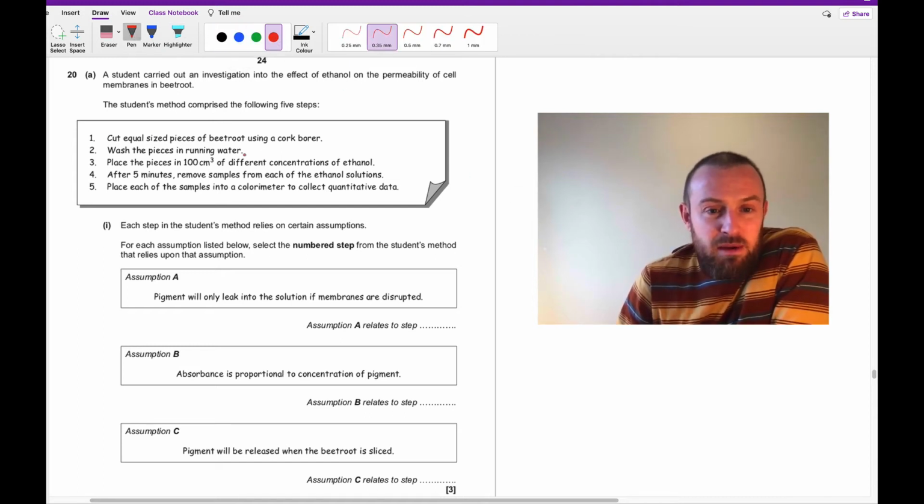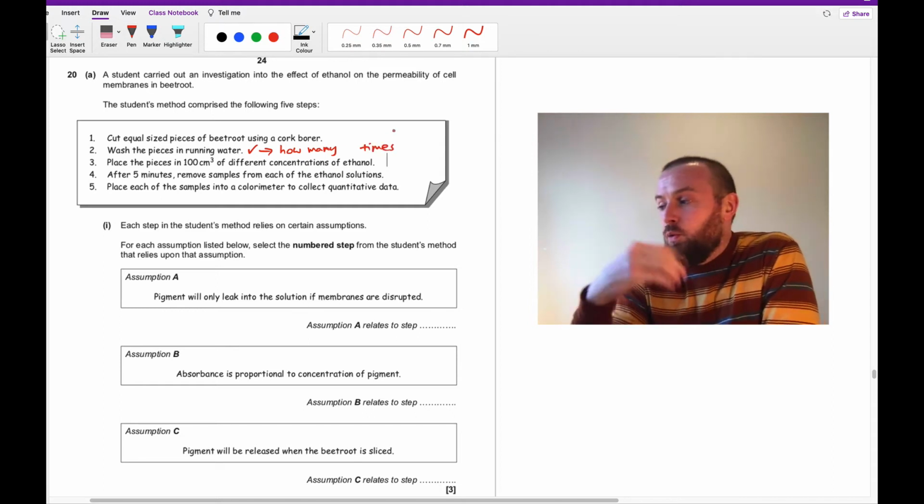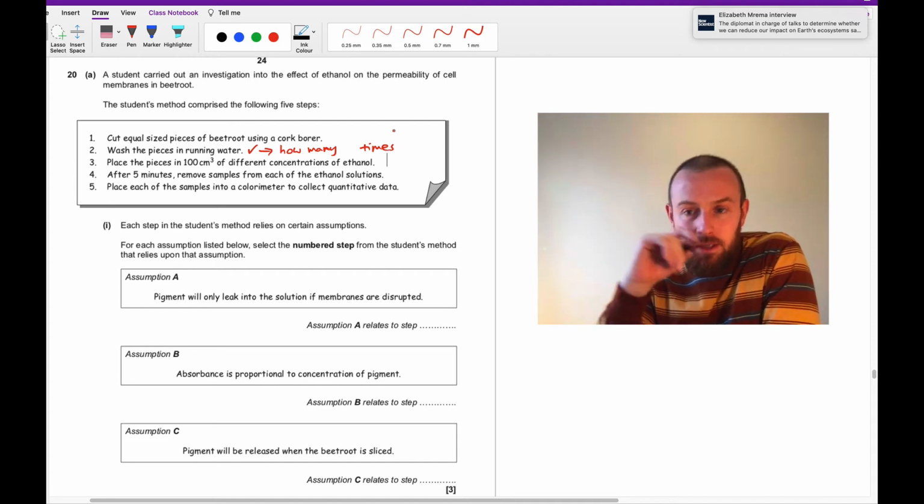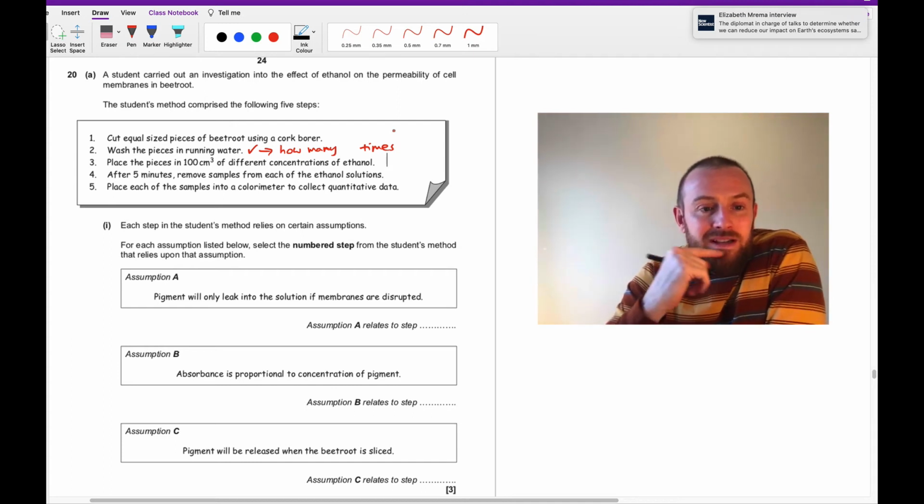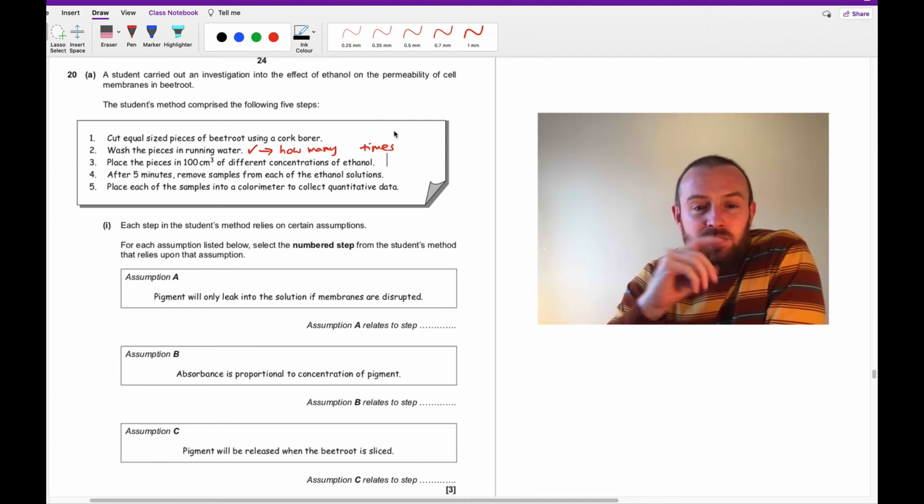Cut equal size pieces of beetroot using a cork borer. Okay. Wash the pieces in running water. Yes, that's okay, but how many times? If you've done this practical, you should know that you need to do this repeatedly until the water runs clear, or at least 3 times. Okay, place the pieces in 100 cm³ of different concentrations of ethanol.